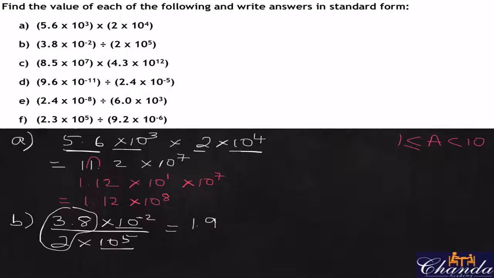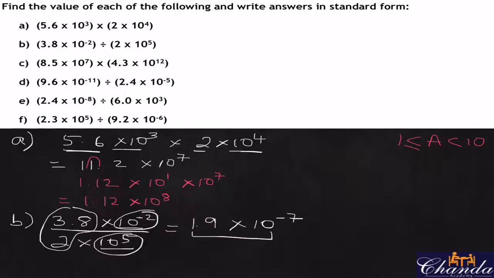Now using our knowledge of the second index law, we know that that simply becomes times 10 to the power of negative 7, because we take that and we minus it from that. So 1.9 times 10 to the power of negative 7 is already in its standard form. So we can leave it just like that. We don't actually have to convert it anymore.